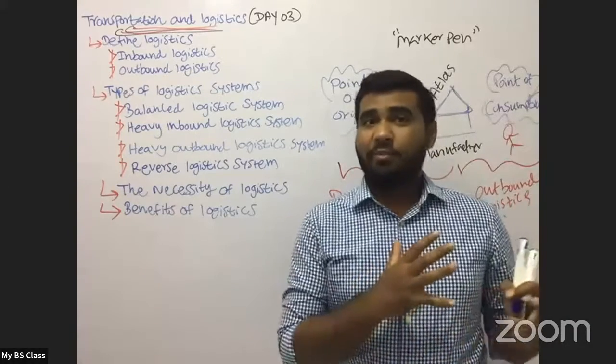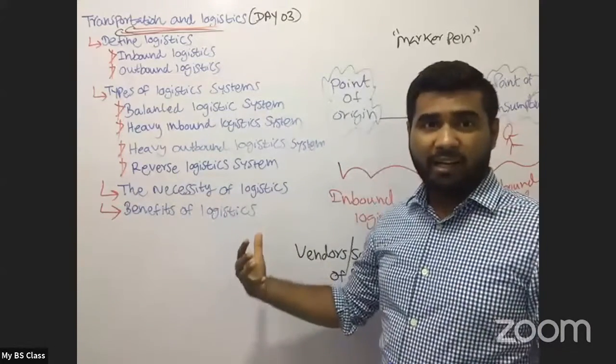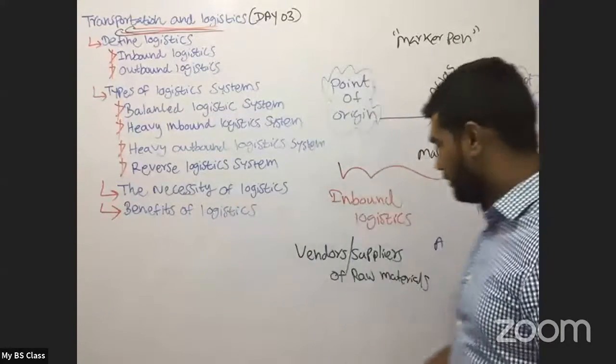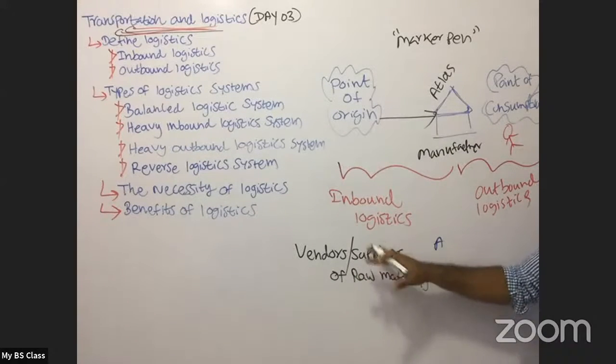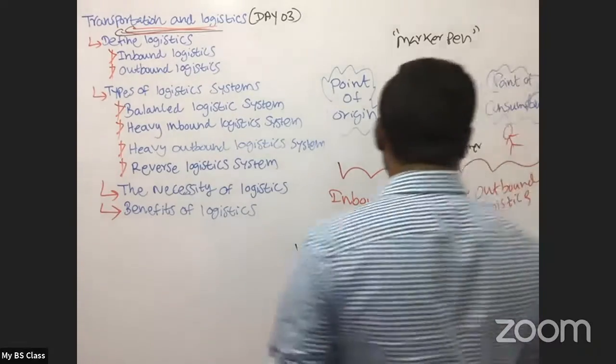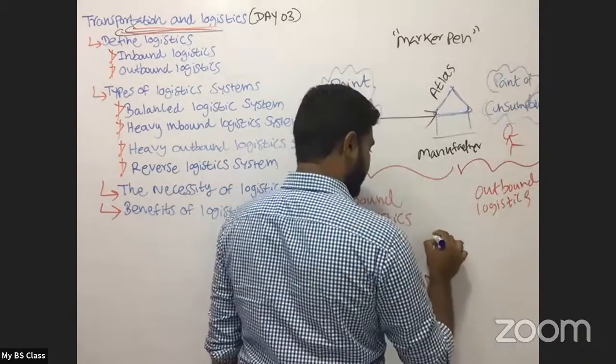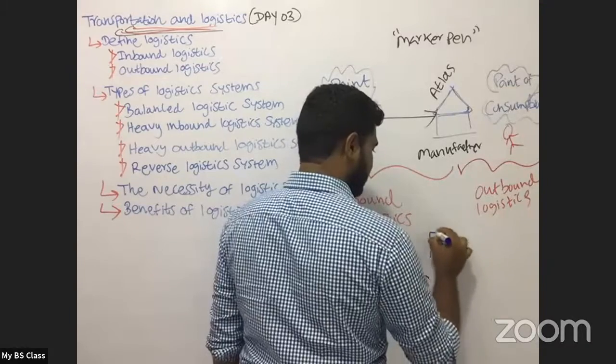Here the materials are kept in a warehouse, and from there you take them for production. So you get the production, and the suppliers' raw materials go to Atlas. Here you have the Atlas company.